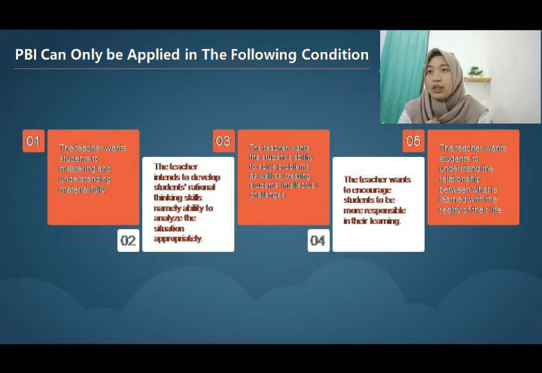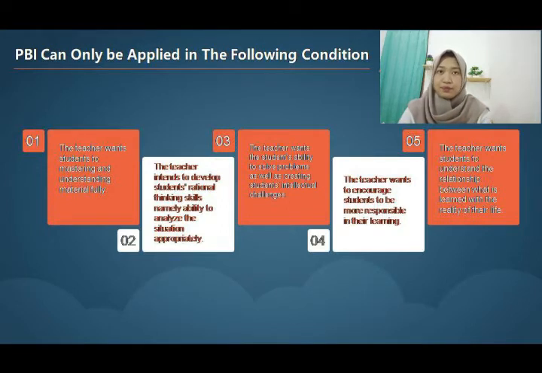The third point is the teacher wants students' ability to solve problems as well as creating intellectual challenge. The fourth point is the teacher wants to encourage students to be more responsible in their learning. And the last is the teacher wants students to understand the relationship between what is learned and the reality in their life.